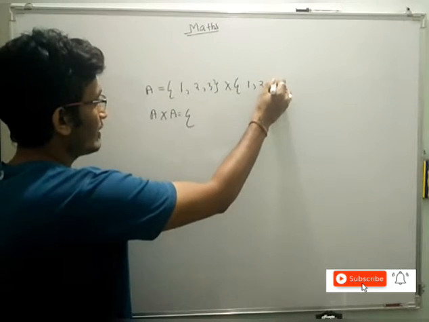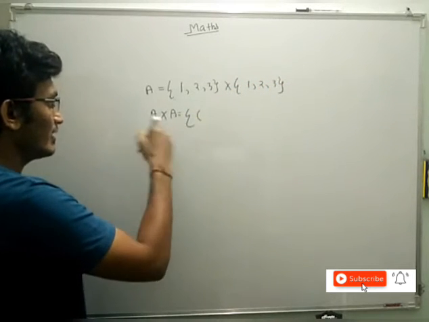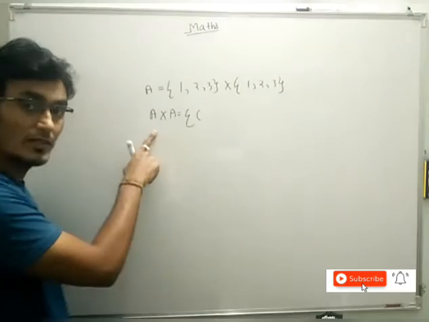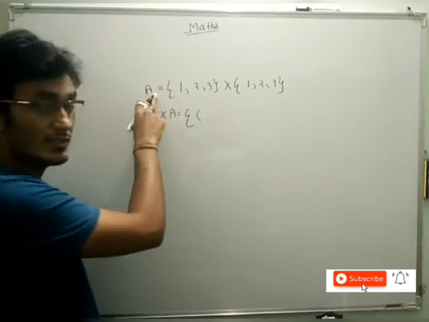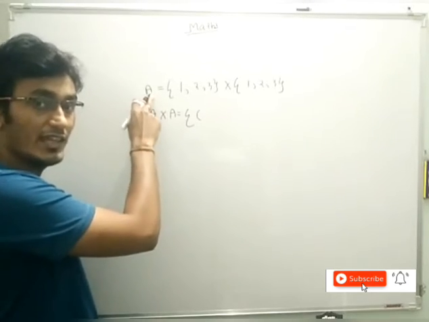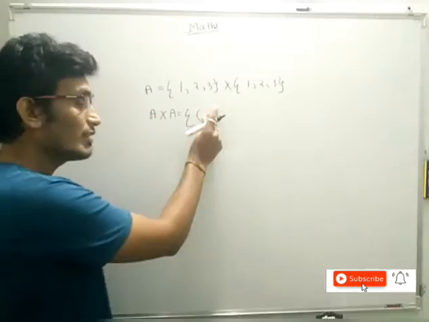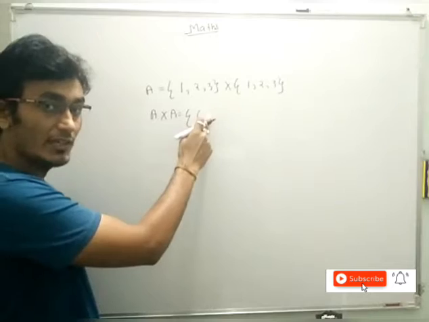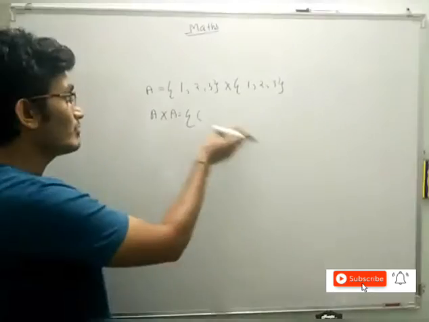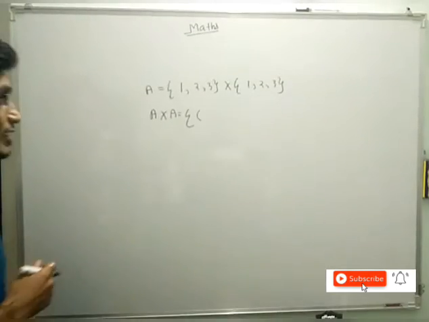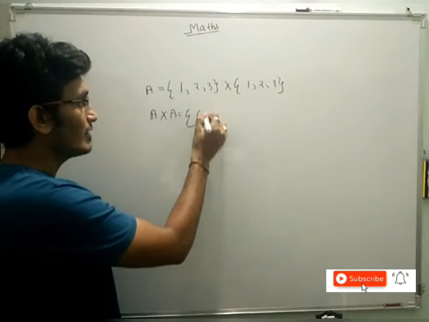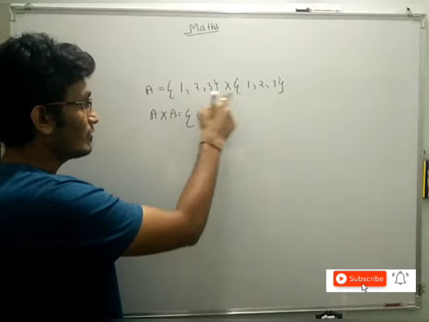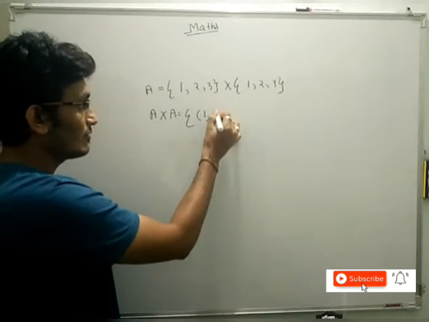I have already given the explanation. A cross A means the ordered pairs of the elements of A. Since we consider the set A twice, all the elements of the ordered pairs we need to consider from the set A only. The first element is 1, and the second element from this set is 1.